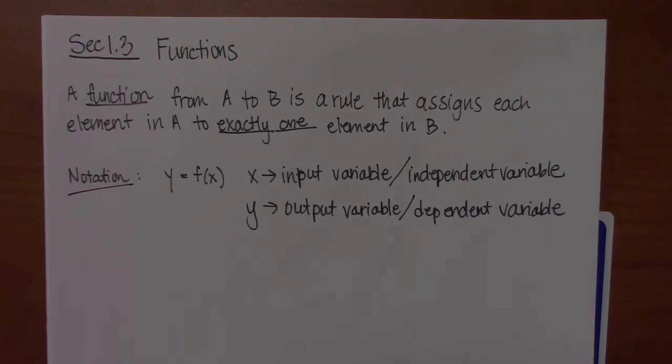If something's dependent, then it's relying on something else. So this makes sense. You pick the value of x first, then you plug it into the equation or look at the table, however your function's defined, and then the output variable comes out. So the values of y depend on the values of x that you put in, but x is completely independent because we choose it first.